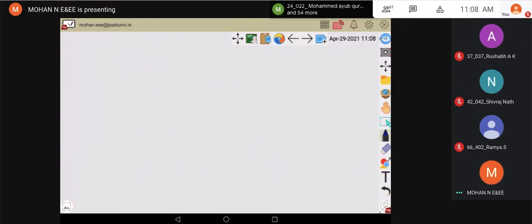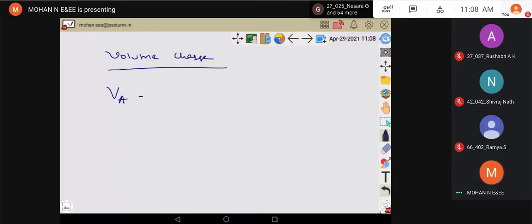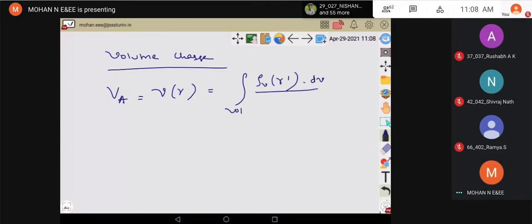Next, volume charge. Potential due to volume charge. VA is nothing but V of R. Okay, it is a volume integral of rho V of R dash dv by 4 pi epsilon naught times the magnitude of R minus R dash. All these things we have discussed yesterday.